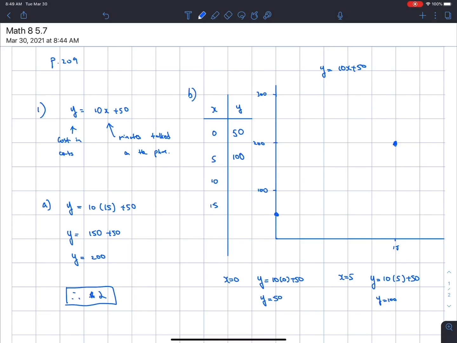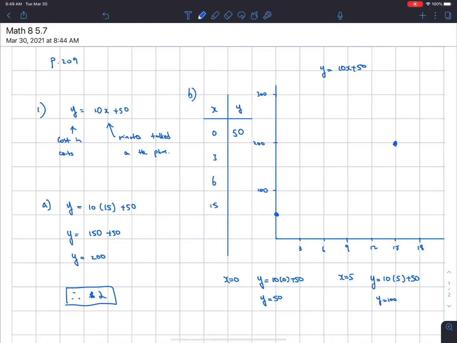Oh, there's no 5 here actually. Because all of these are 3 each. 1, 2, 3, 4, 5, yeah. So I shouldn't be using 5. I should use 3 instead. So I'm going to change that to a 3.